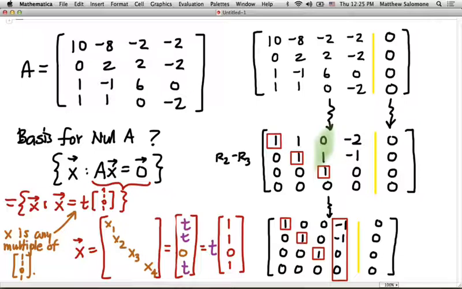Which means, since there's only one vector here, we could equally well say x is any linear combination of the vector 1, 1, 0, 1. And if this set consists of all linear combinations of 1, 1, 0, 1, that must mean that this set is the span of 1, 1, 0, 1.